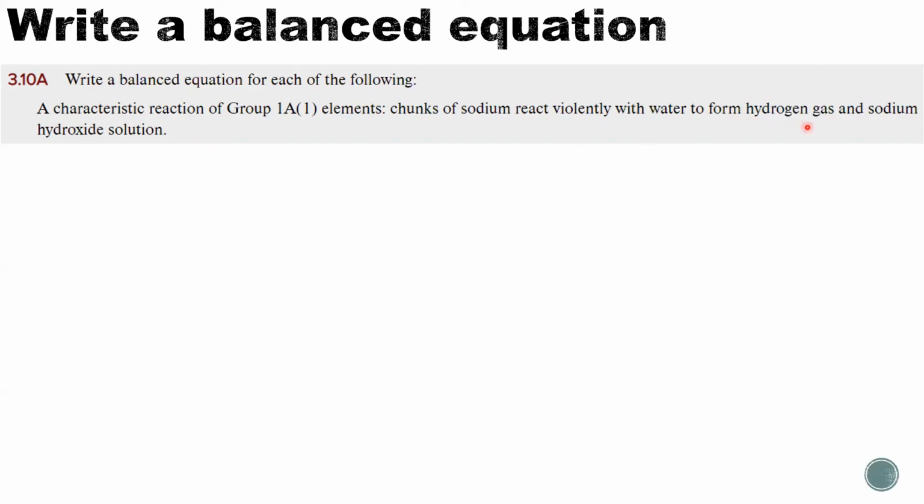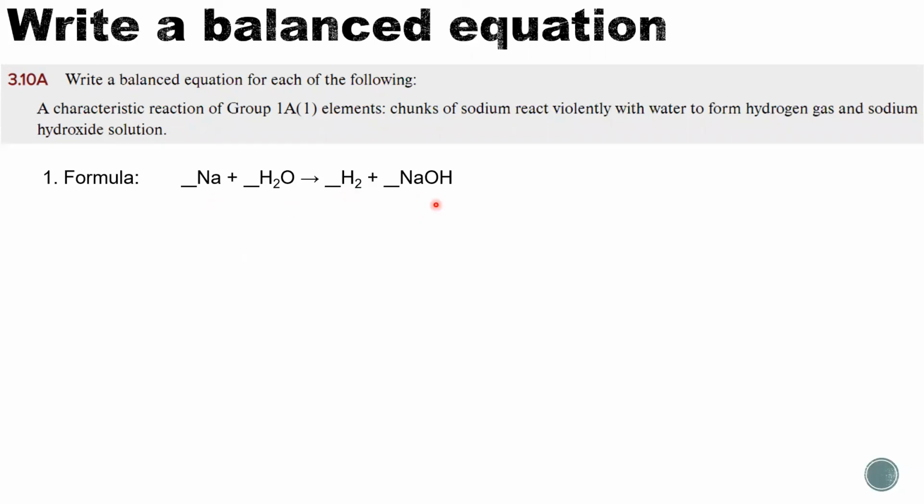The hydrogen gas and sodium hydroxide solution are products. So first, write out the unbalanced chemical equation with chemical formulas. Sodium, it's an elemental substance, so we just write Na here, plus water, that leads to hydrogen and sodium hydroxide.